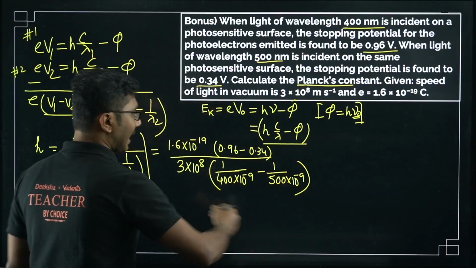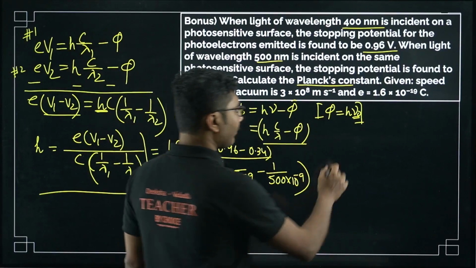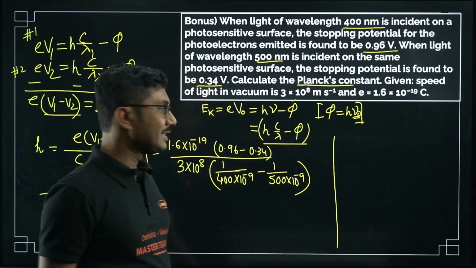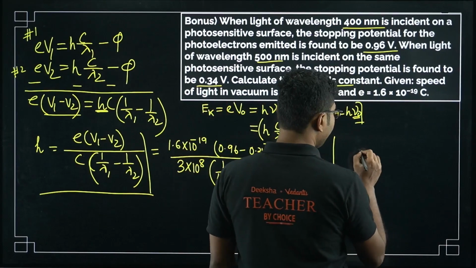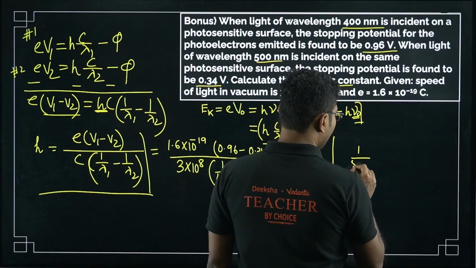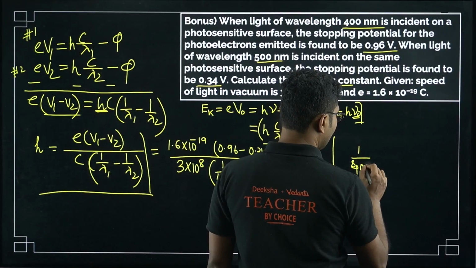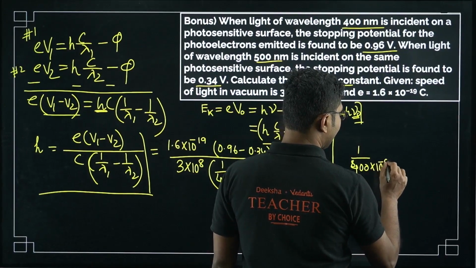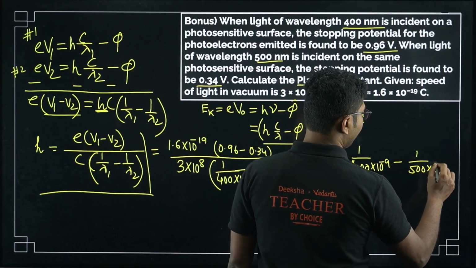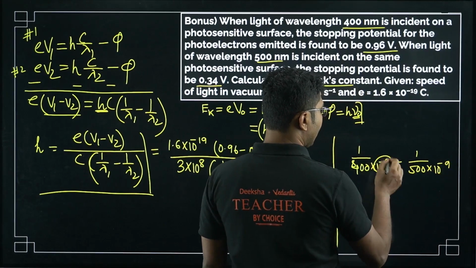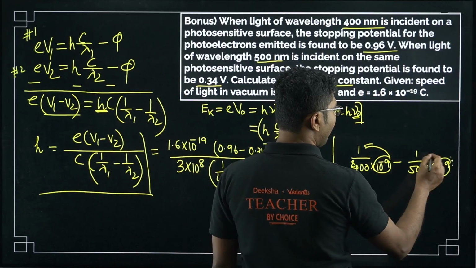Now here I am trying to solve this in a separate way so that it becomes easier for me to put the values. Otherwise it will go on long enough. So 1 by 400 into 10 to the power of minus 9 minus 1 by 500 into 10 to the power of minus 9. So this 10 to the power of minus 9, all of them will go up and become plus.